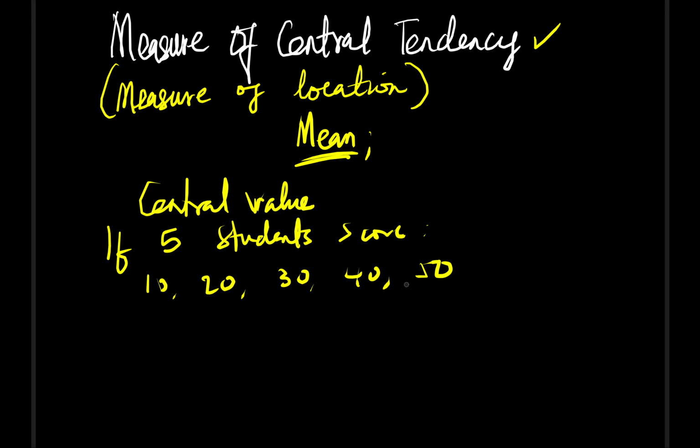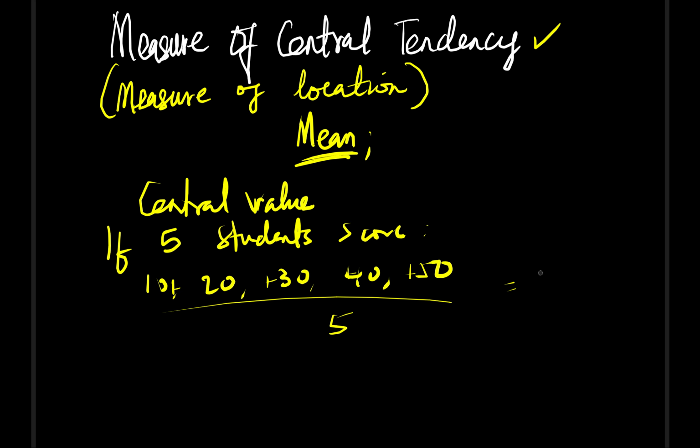Of course, you know how to do this one. You add all of these: 10 plus 20 plus 30 plus 40 plus 50, and divide by the total number, 1, 2, 3, 4, 5. Whatever it gives you, that number is the central number. That is the single value we use to summarize all of these numbers, and that's what we refer to as measure of central tendency.